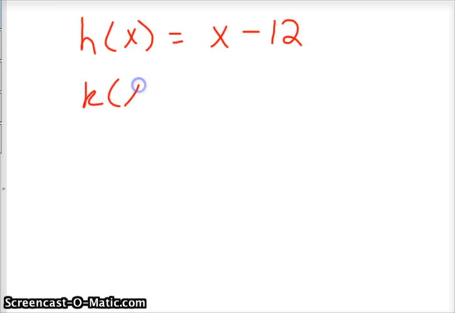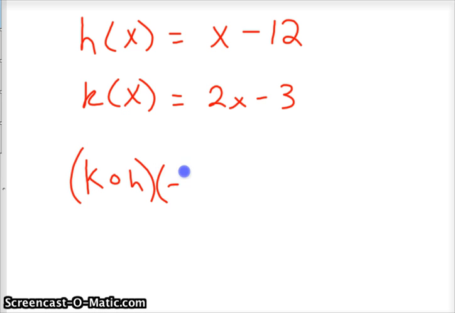So let's say you had two functions. We'll call them h at x equals x minus 12 and k at x equals 2x minus 3. I use that one a lot. We want to find k composed with h at negative 1, and hope I don't make a mistake. It can be rewritten as k at h at negative 1.